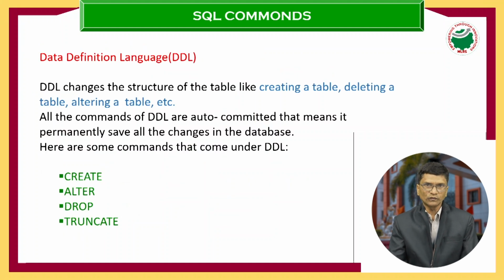Now we are moving towards data definition language, that is DDL. DDL changes the structure of the table, like creating a table, deleting a table, altering a table, etc. All the commands of DDL are auto committed, which means it permanently saves all the changes we have made so far.